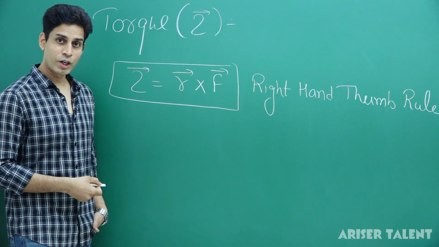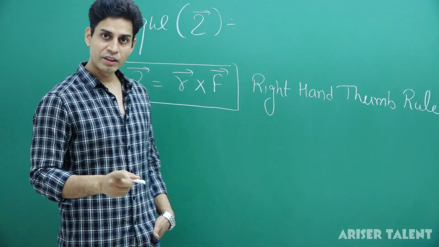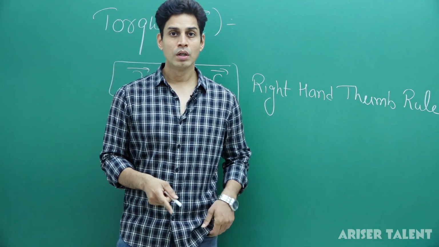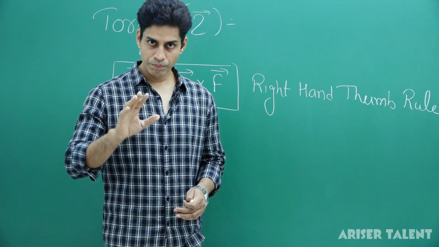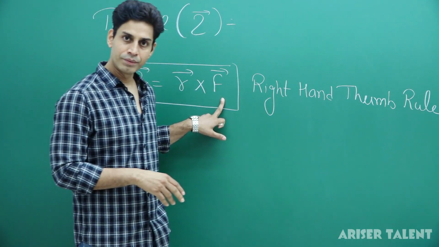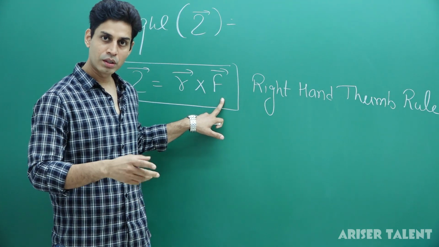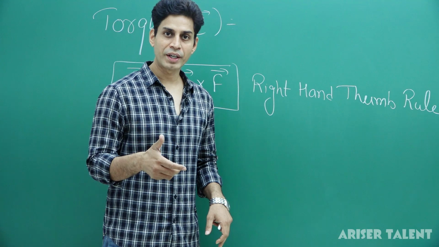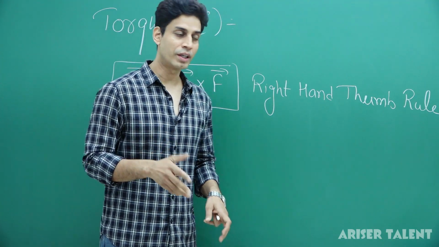That is, the direction is along the axis of rotation, and that direction can be found by using this right hand thumb rule. What is the right hand thumb rule? Place the fingers of the right hand in the direction of the first vector, and curl them towards the second, that is, curl toward F. In doing so, the thumb of the right hand will indicate the direction of the resultant.